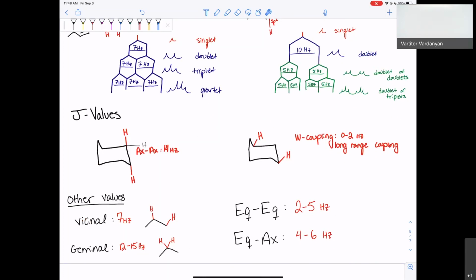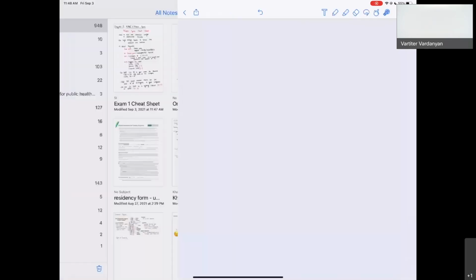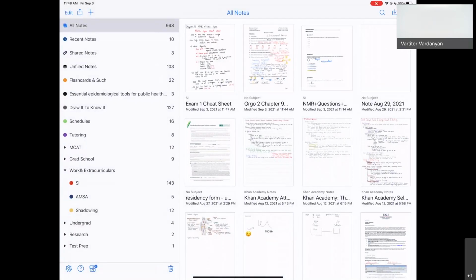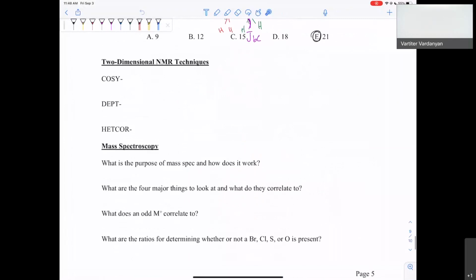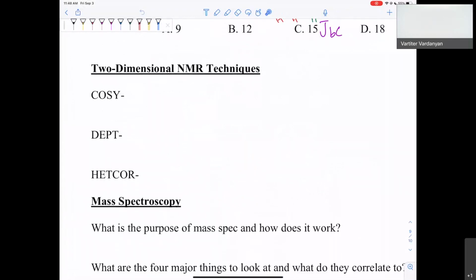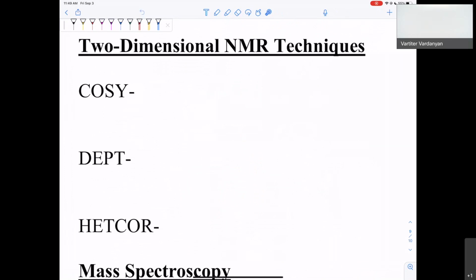Okay. We still technically have 2 minutes, so I want to run through one more thing really quick. 2D NMR. These are super simple. All you have to know about it is what they're called. So we have COSY here. I don't remember exactly what it stands for, and that's fine, it's not important.